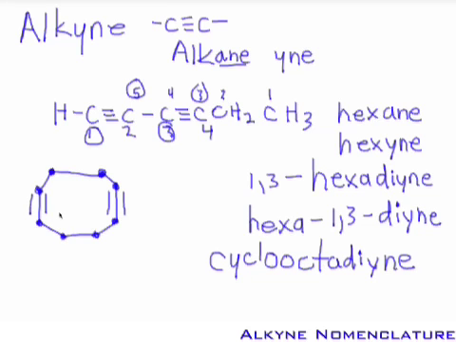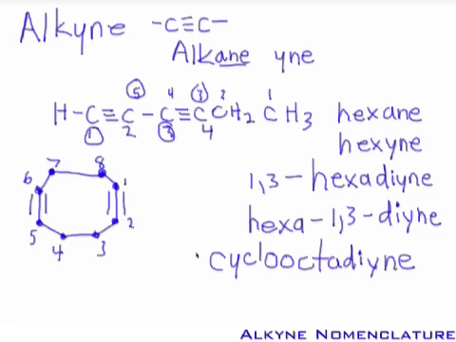Now we can number. In a ring, remember, you must number through the triple bond. We start at a triple bond because it's a higher priority group than a plain carbon. 1, 2, 3, 4, 5, 6, 7, 8.